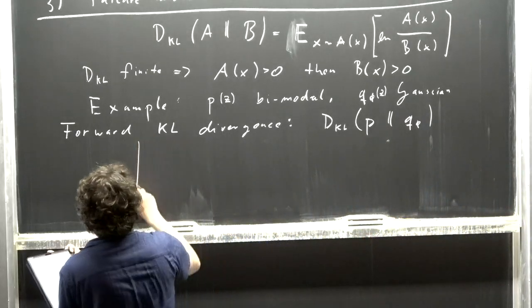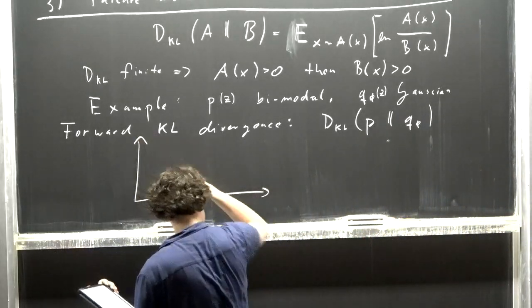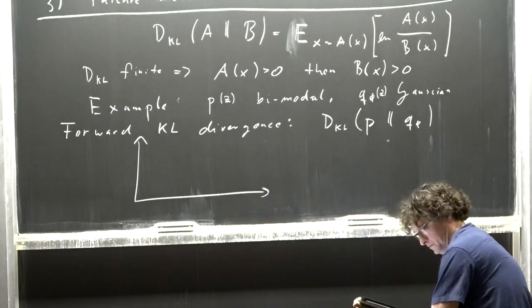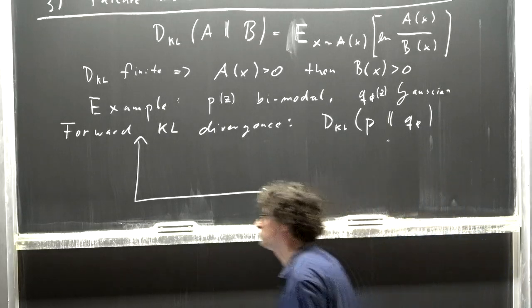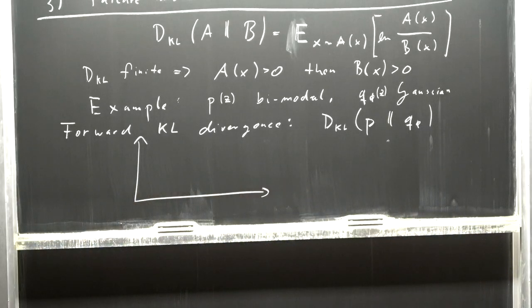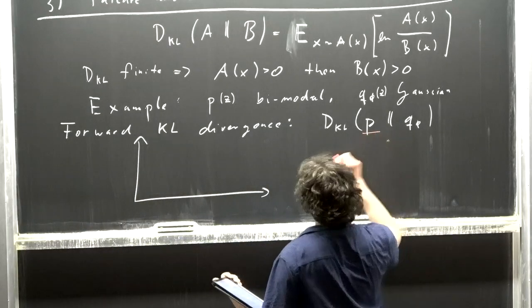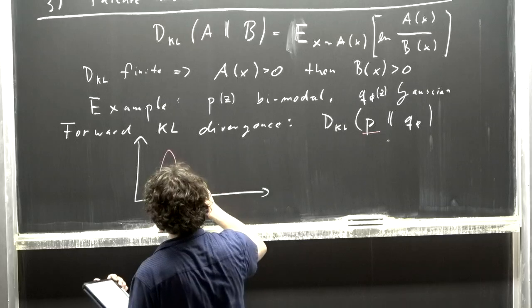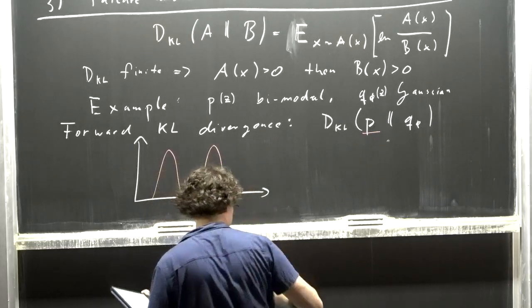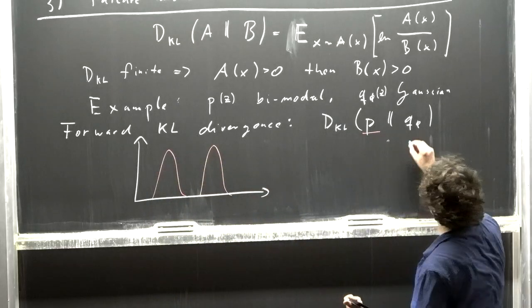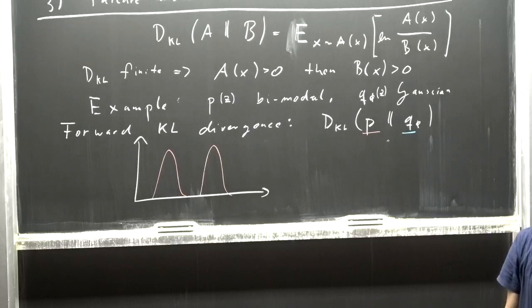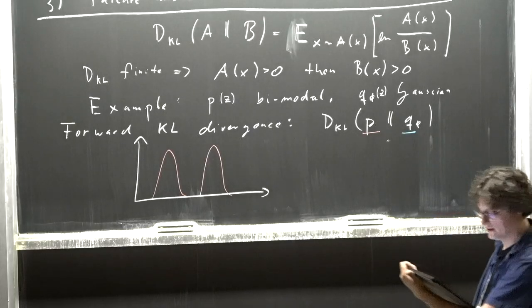In that case, the posterior is this red function with two peaks. And the variational function that we fit is blue.